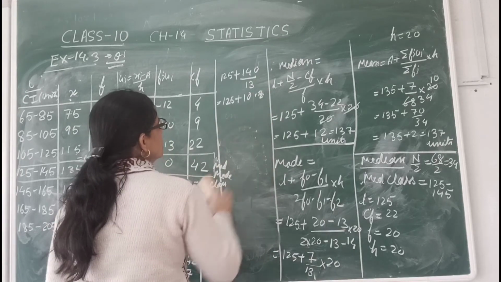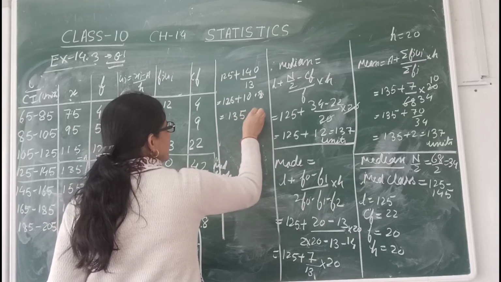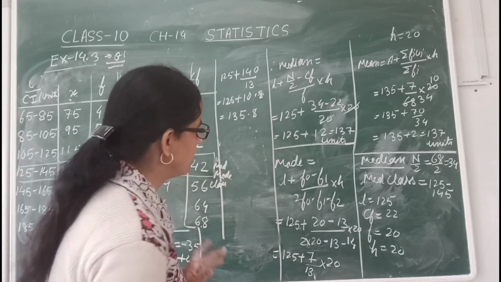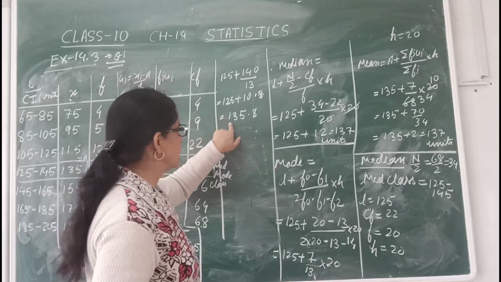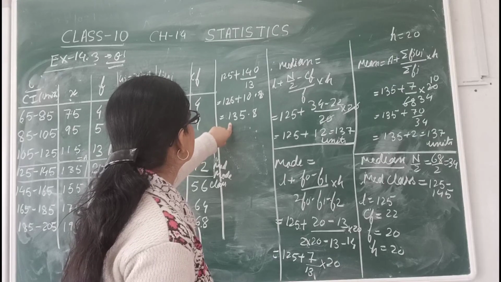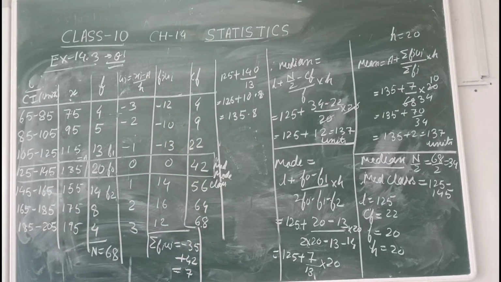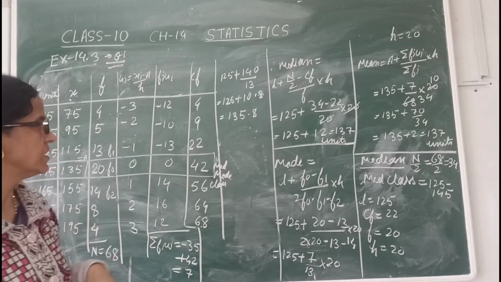So this will be equal to 135.8. The other values are coming 137. So this is 135.8. Yes, approximately it is the same. We can say the mode is to some extent 135.8.